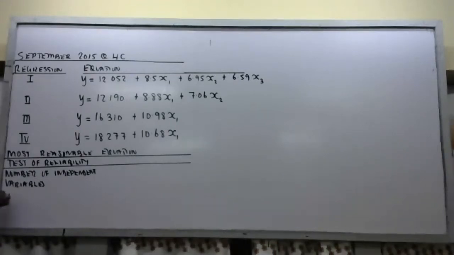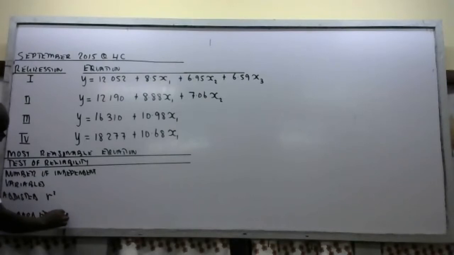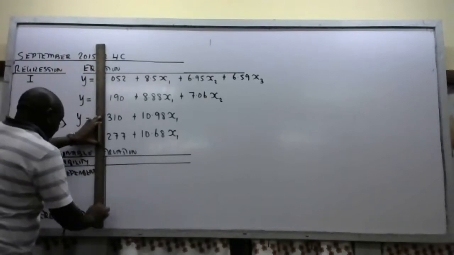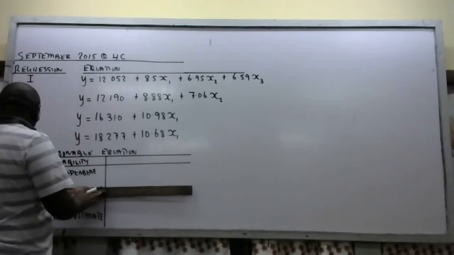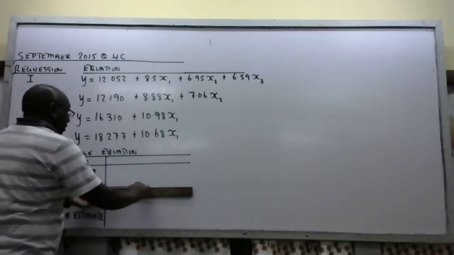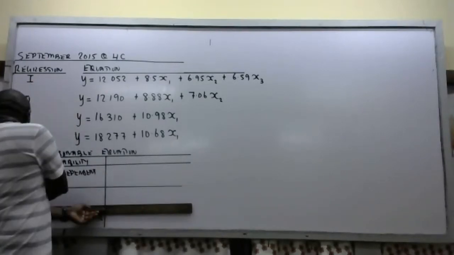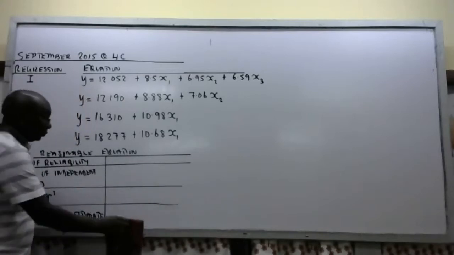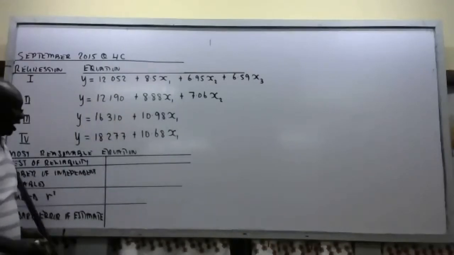The next thing that we shall check that is given there is what we call adjusted R square. And then there is the standard error of estimate. Those are the 3 tests that we shall perform. And I'm saying the 3 because these are the ones that we have information about. If you look at the report, we have their information there.